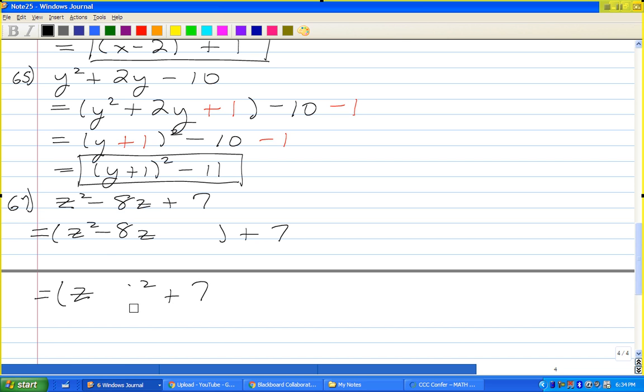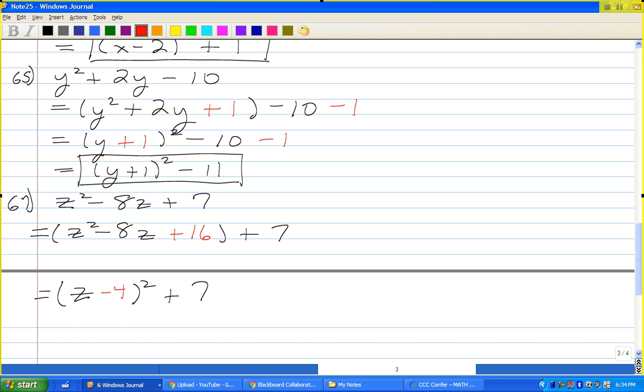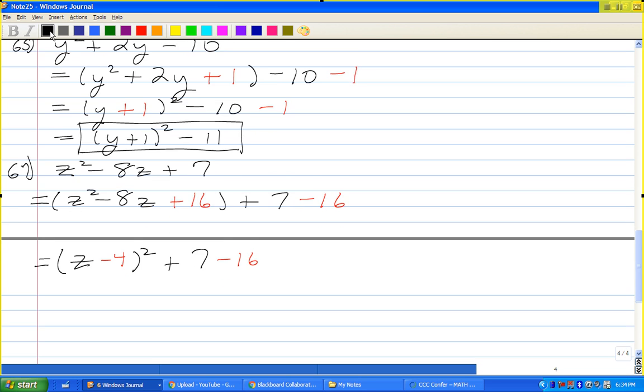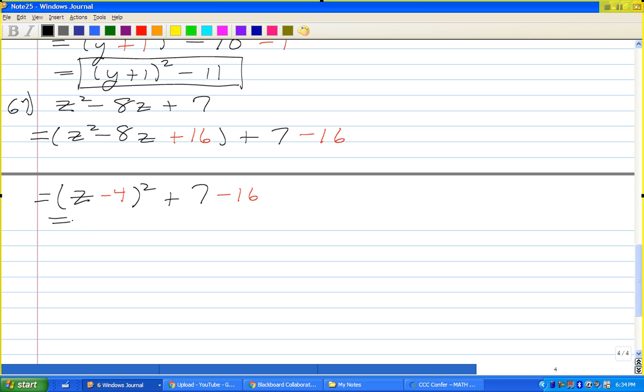Since there's a 1 in front of the z squared, I just take negative 8 divided by 2, which is negative 4. Squared is 16. Add and subtract 16. And so I have that this is equal to z minus 4 quantity squared minus 9. And I have completed the square.